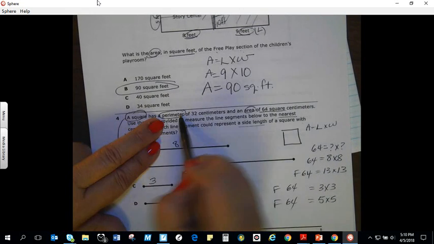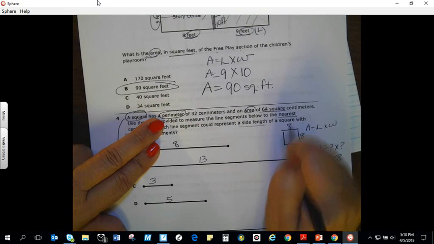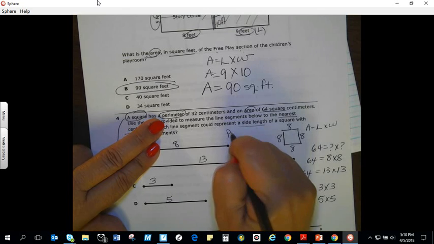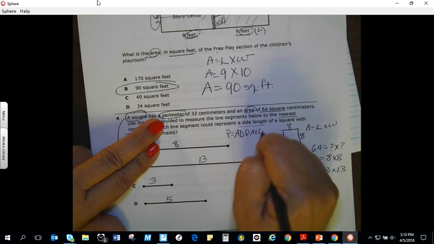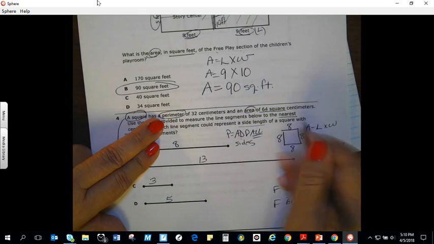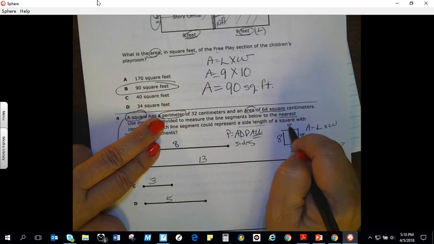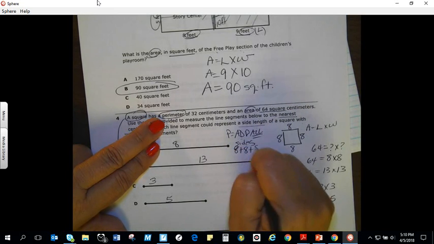And it said the perimeter. So if I had 8 and 8, 8 and 8, my perimeter means that I'm going to add all sides. So I can go side times 4 or add all sides. So I have 8 plus 8 plus 8 plus 8.